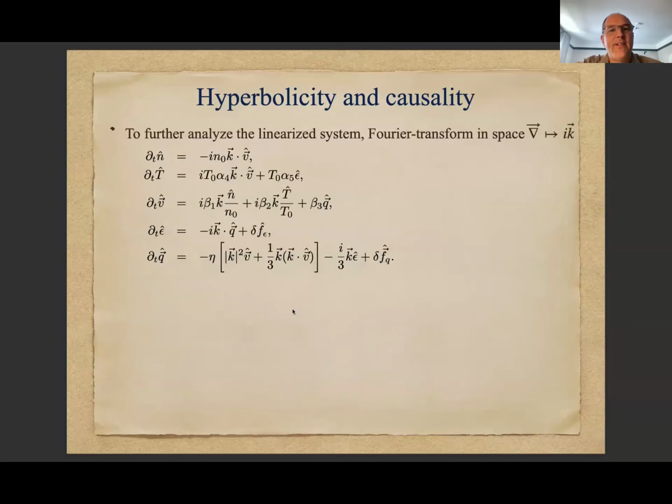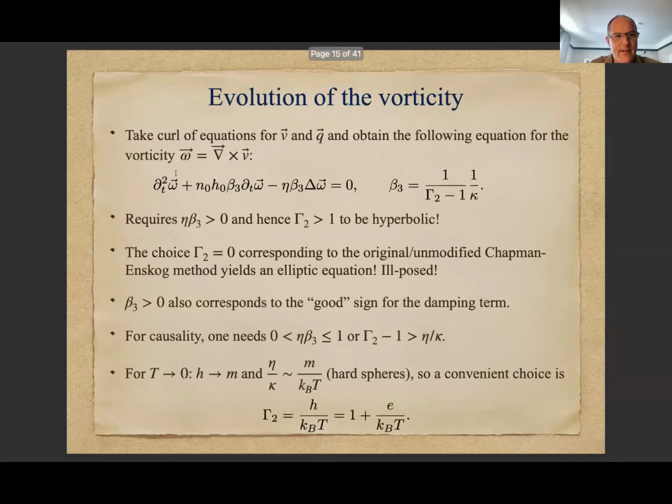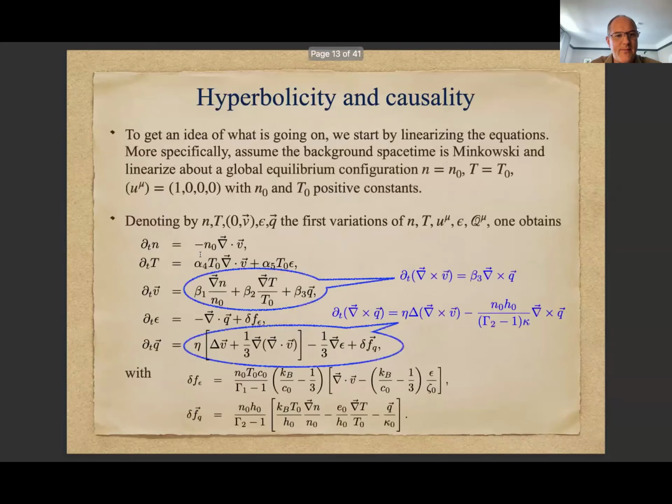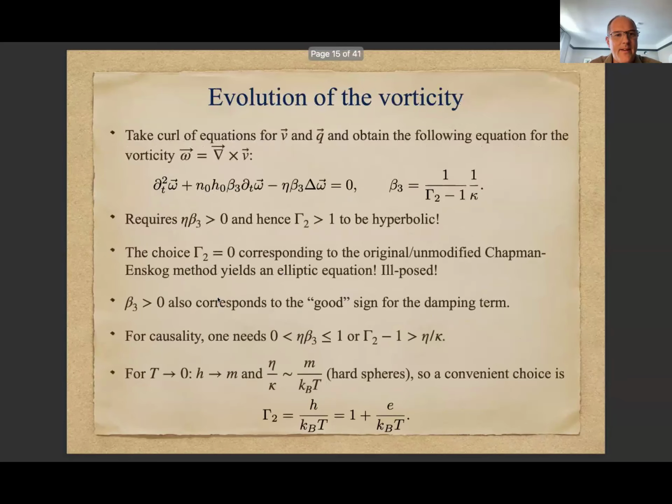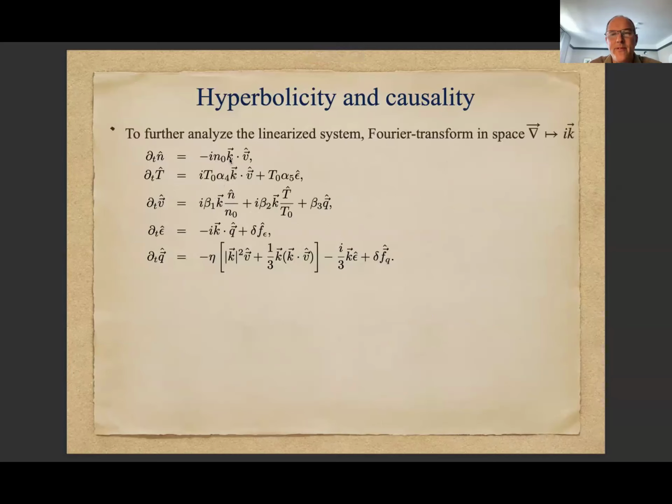Okay, so to further analyze the system, we go back to this linearized system, and we take a Fourier transform in space. So all the gradients are replaced by multiplication by ik. And you see, of course, this is still second order because we have here terms which are of the order of k squared.